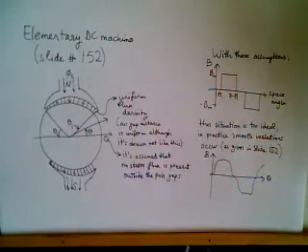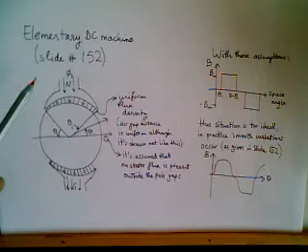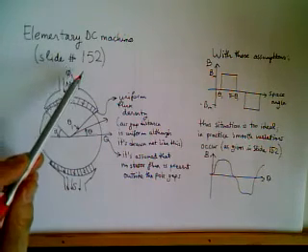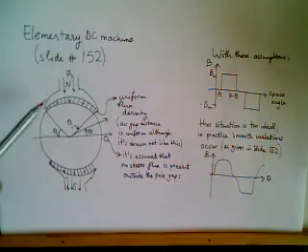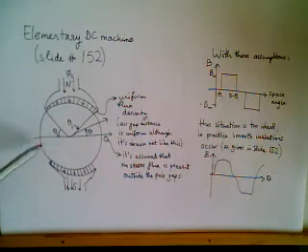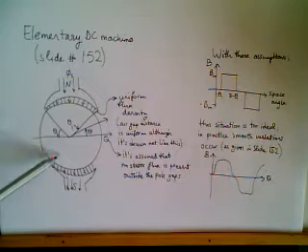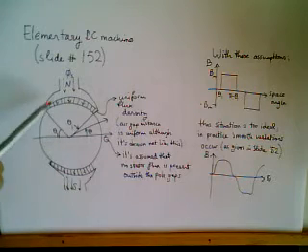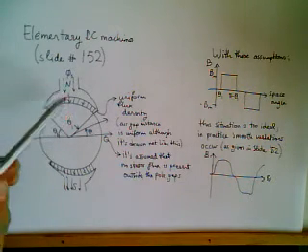In elementary DC machines, which is also given in slide number 152, this is the cross section of the machine. We have a circular rotor, which is also called the armature, and two poles.